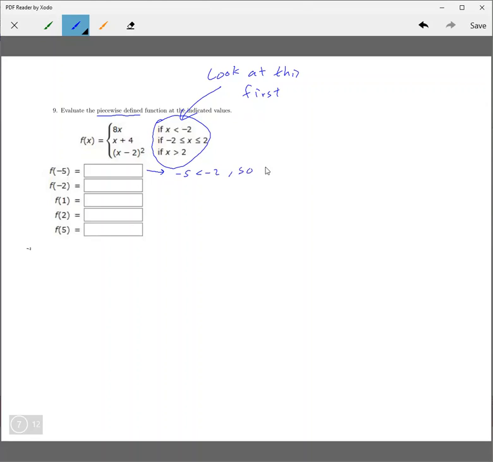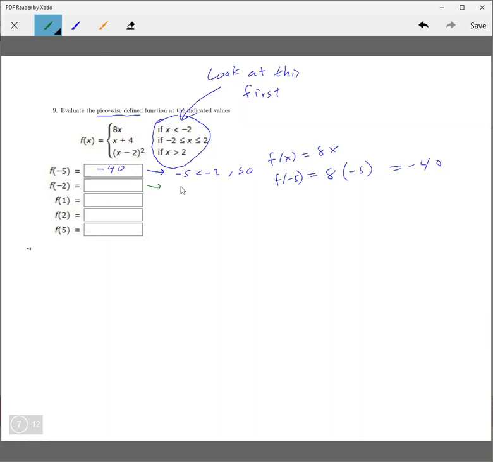So you're looking at the 8x. That means you plug the -5 into there and you get -40. Okay, that was a little bit confusing. Let me try to make the next one more clear.